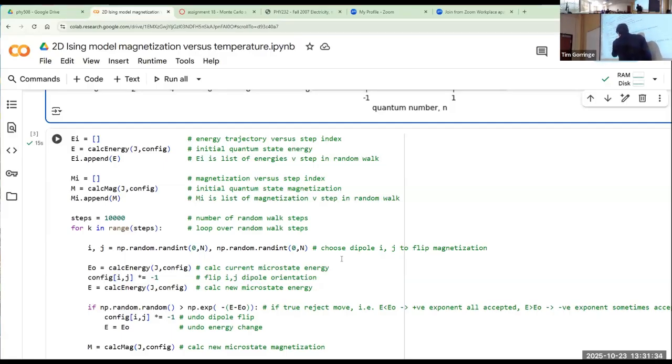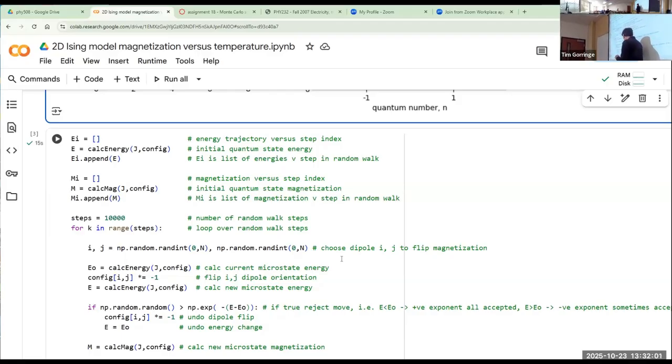So think about how this statement here is going to work. Supposing the energy of the new state is less than the energy of the current state. So that means that E is smaller than E naught. If E is smaller than E naught, then E minus E naught is a negative quantity.